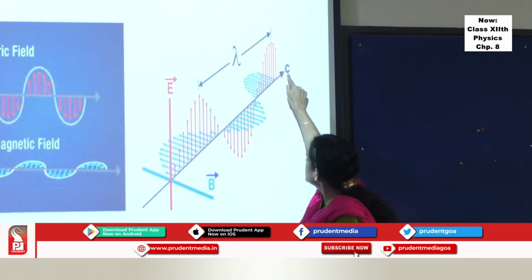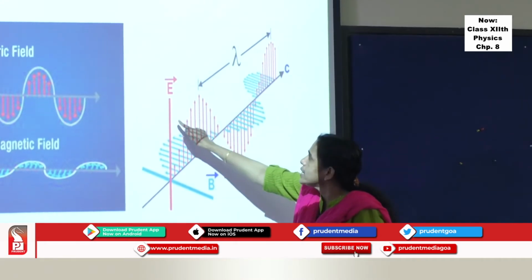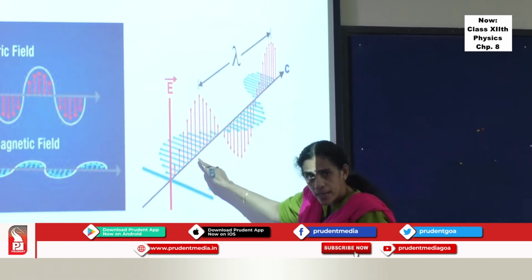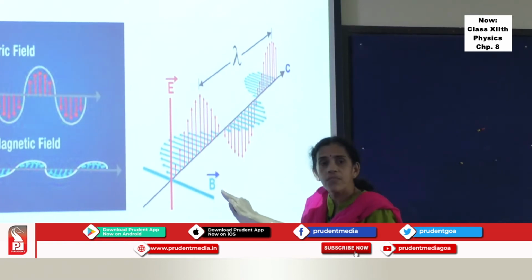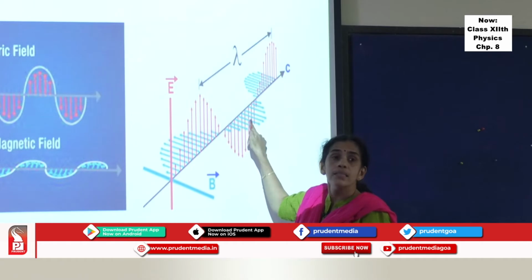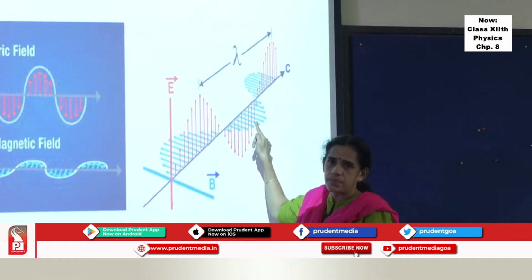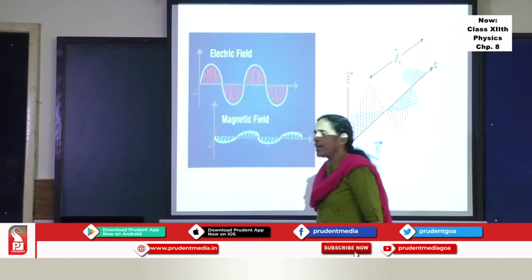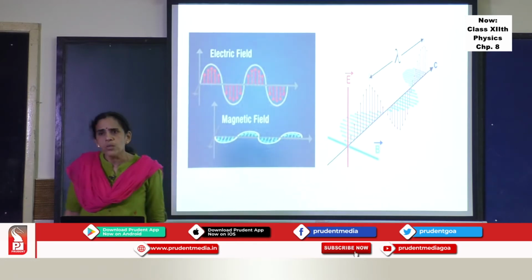Direction of propagation is x, electric field E is along y, and magnetic field, represented by B, is along the z-axis. You know x, y and z are perpendicular to each other.